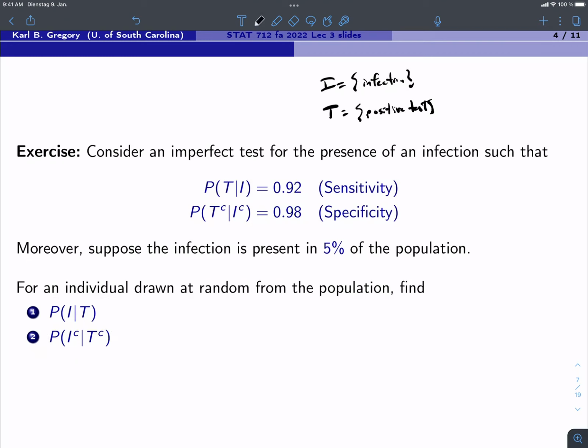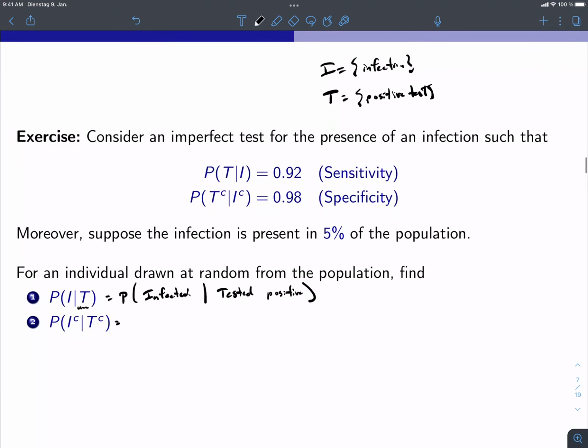The first is the probability that you are infected, given you tested positive. And the next one would be the probability not infected given that you tested negative.